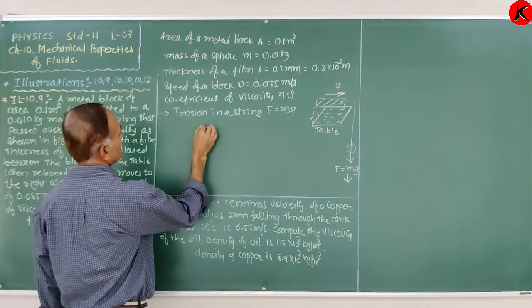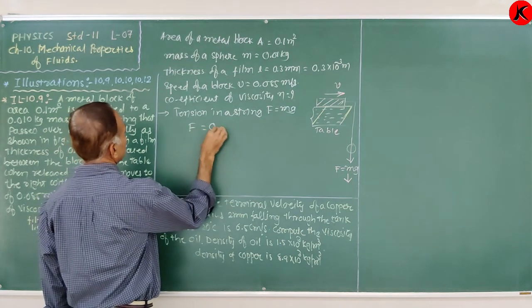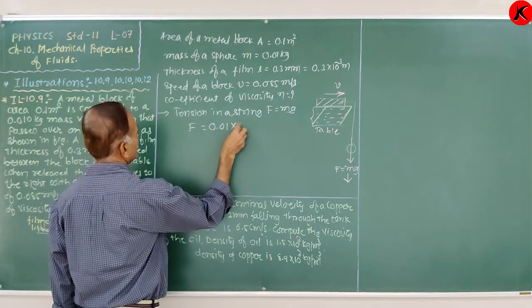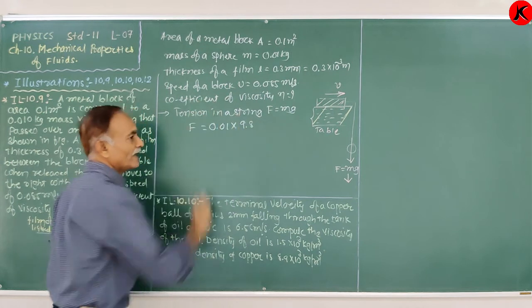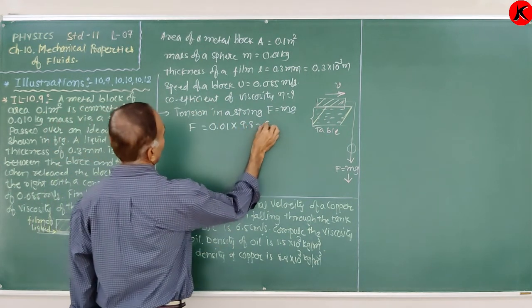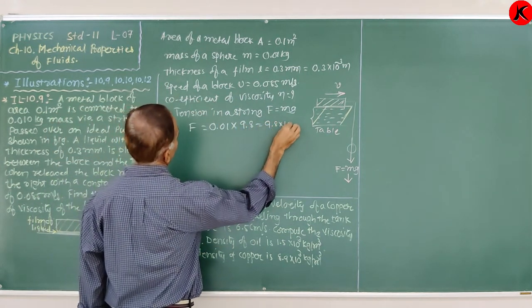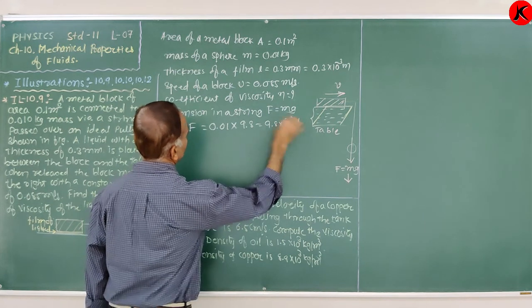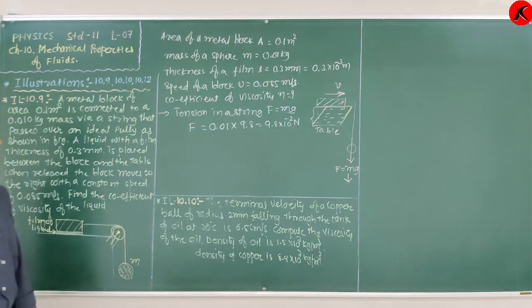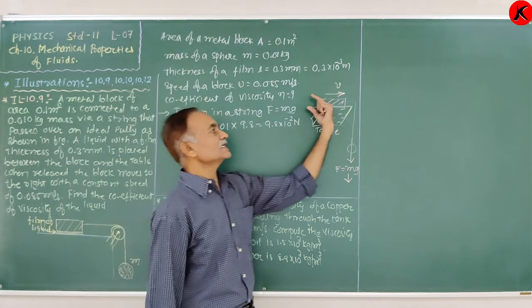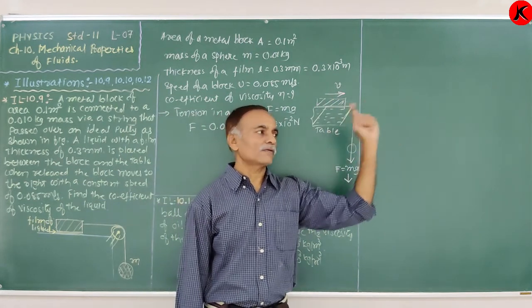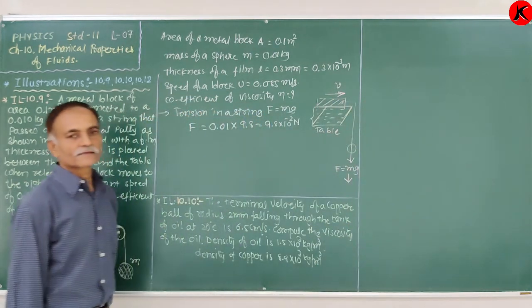Mass is 0.01. F is equal to 0.01 into the value of gravitational acceleration, 9.8. Therefore, 9.8 into 10 to the power minus 2 newton. This is the force acting in the downward direction. This force is acting on the block towards the right side.